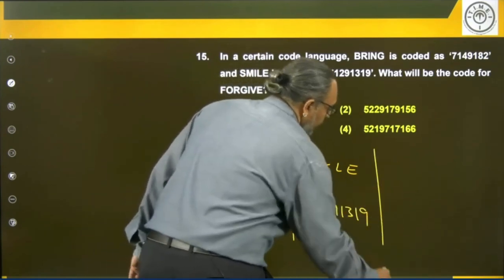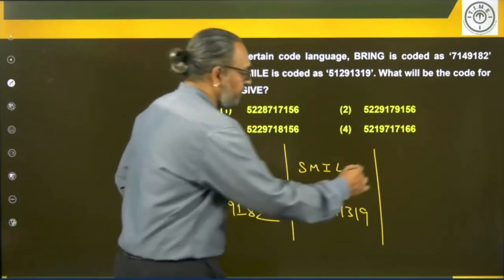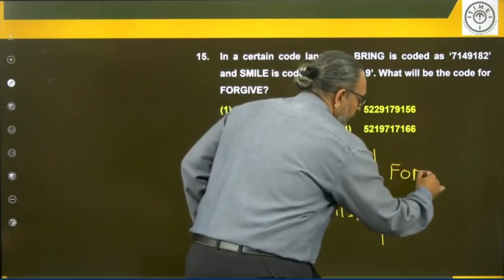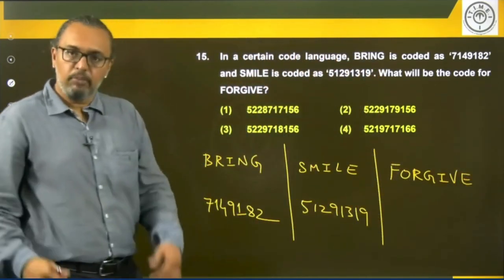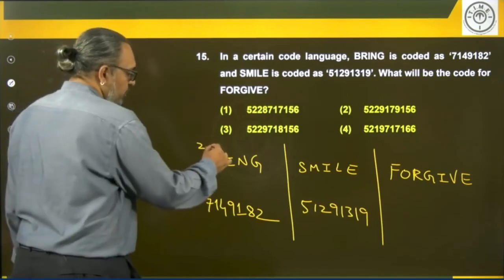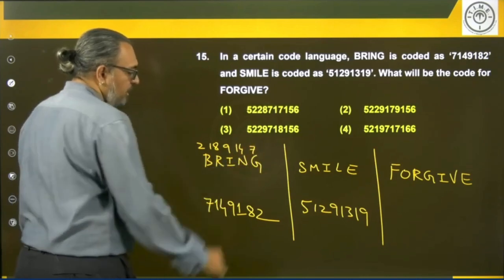And now it is asking, what will be the code for forgive? Now this is again too big of a number. You take the place value. B is 2, R is 18, I is 9, N is 14, G is 7.